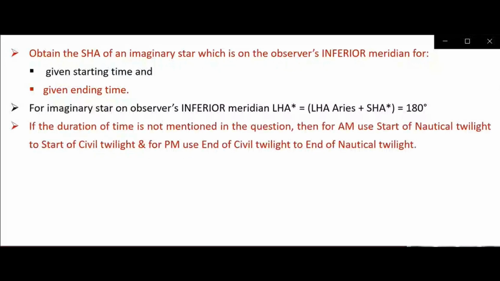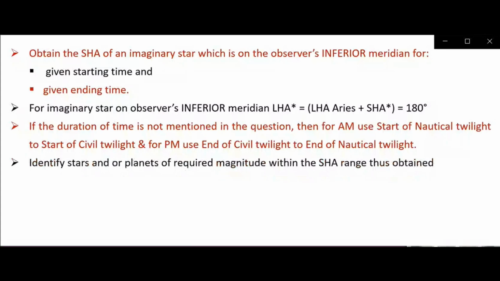If the duration, like the previous case, is not mentioned in the question, then for AM, the interval shall be between the start of the nautical twilight to the start of civil twilight, and for PM, it shall be the end of the civil twilight to the end of the nautical twilight, which has been explained earlier. Identify stars and planets of the required magnitude within the SHA range thus obtained, like the previous case.